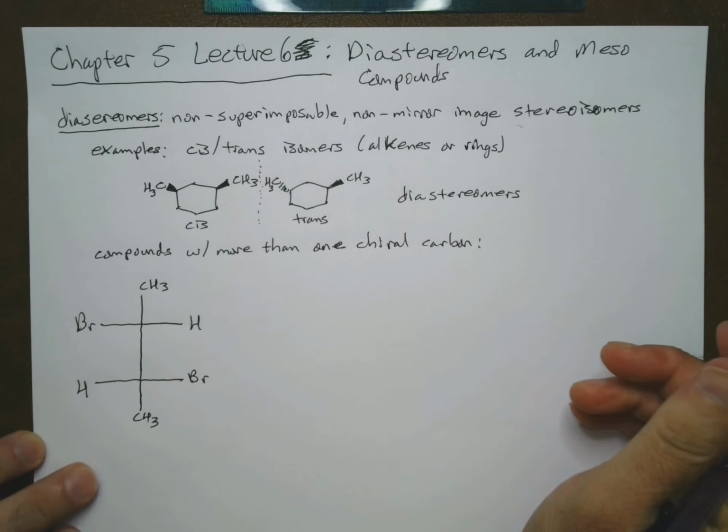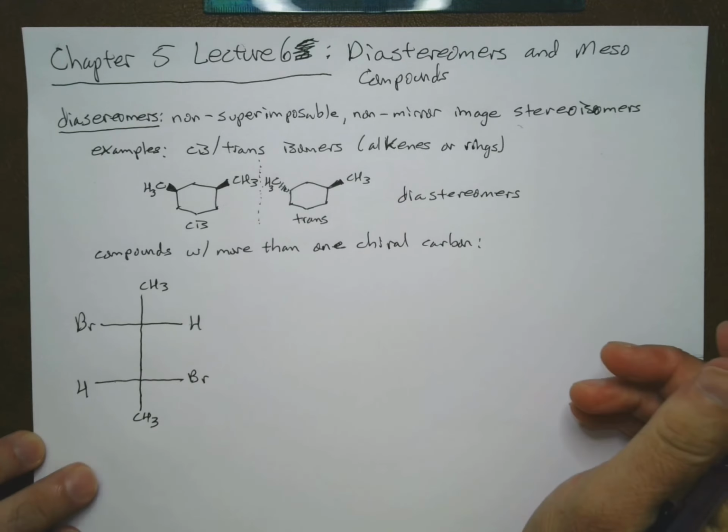And rotating a Fischer projection 90 degrees makes the enantiomer. That only works if you have one chiral carbon.